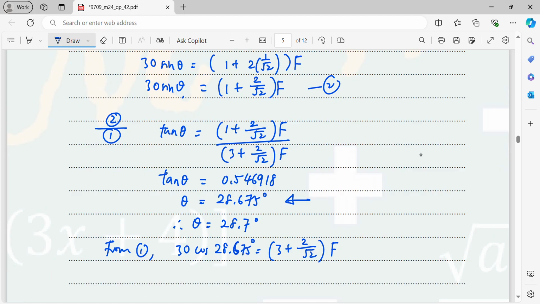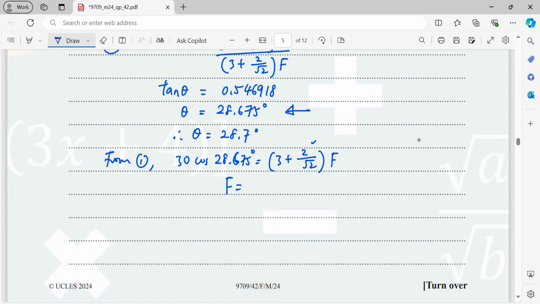Then you will get more accurate answers. So from here, for my F, I just move this 3 plus 2 over root 2 to the other side. So it will be 30 cos 28.675 degrees over 3 plus 2 over root 2. Then this is going to be 5.9627, and at last, rounding to 3 significant figures, you will get 5.96. So that is the F.